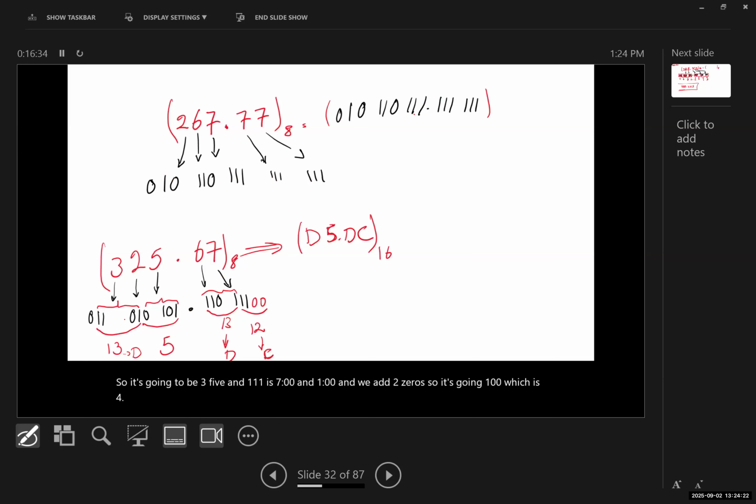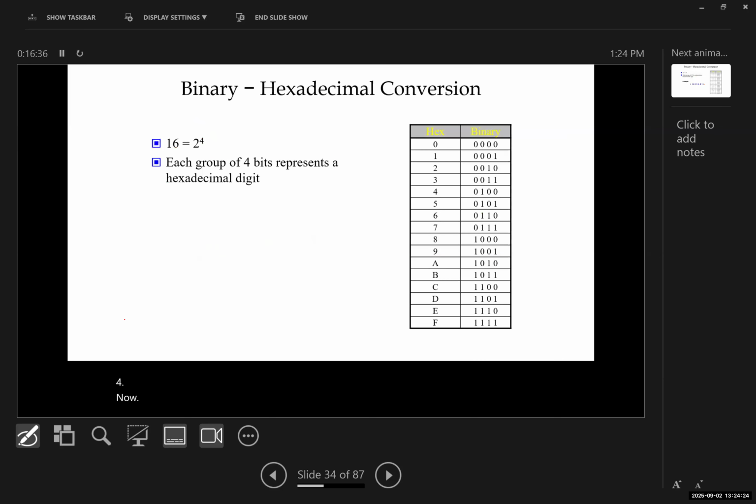Now, what about if I want to do, and I'm going to get back to those examples, what if I want to convert binary to hexadecimal? For an octal, because we had 3 digits, we would go from 0 to 7. For a hexadecimal, we need 4 digits because we want to show 0 to 15.